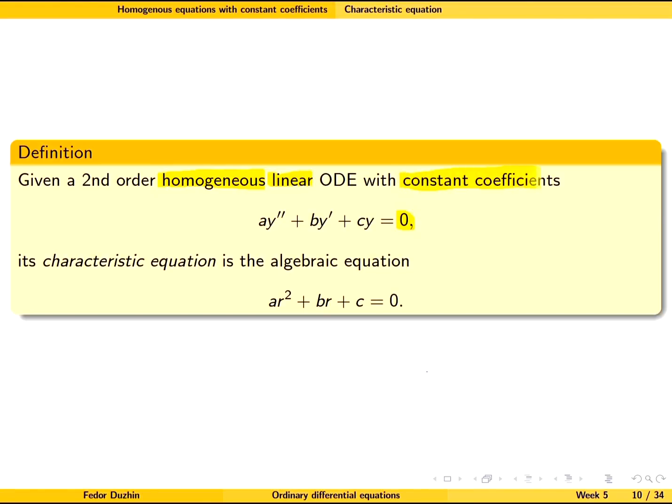It has to have constant coefficients, so this a, b, and c must be constant. Then its characteristic equation is the algebraic equation with the same constant coefficients. So we just take a, b, and c and form a quadratic equation with the same coefficients, and that quadratic equation is called the characteristic equation of the differential equation.